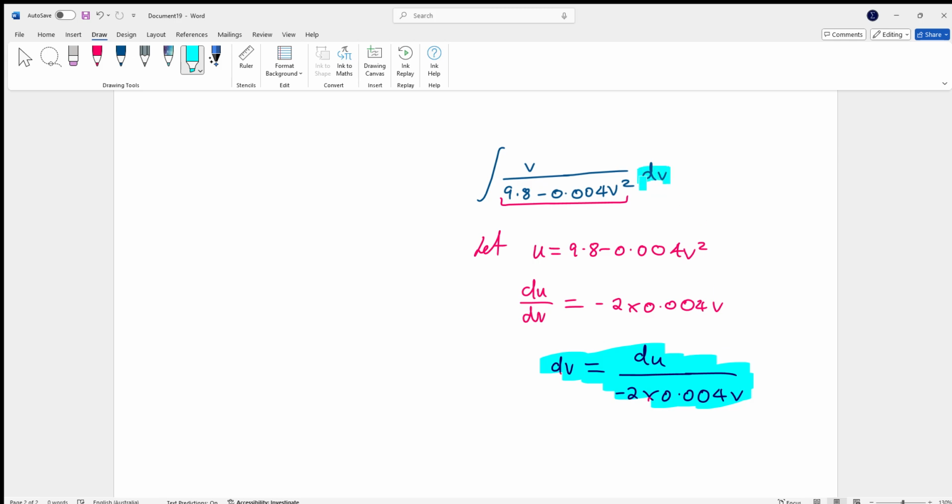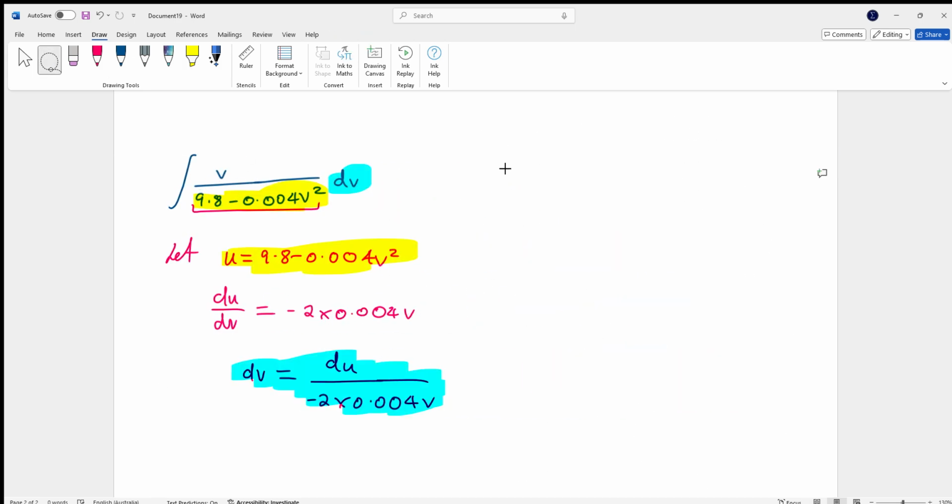Now, if we substitute that up here, we get the integral of v over u, and then du over negative 2 times 0.004 v. Now hopefully you can see what cancels out.